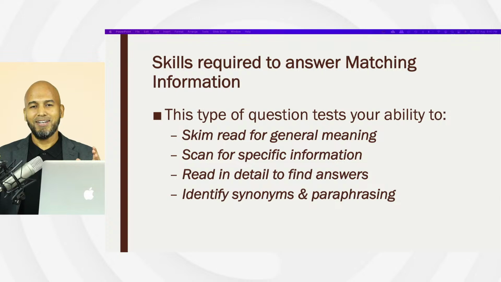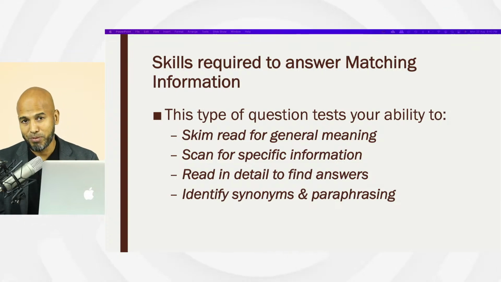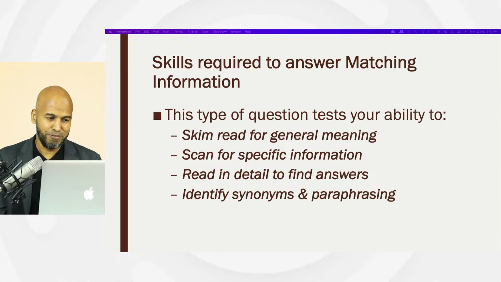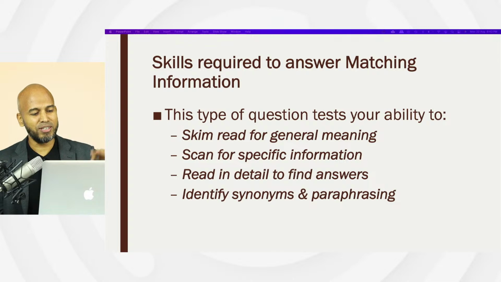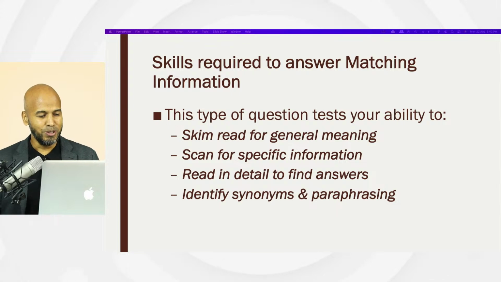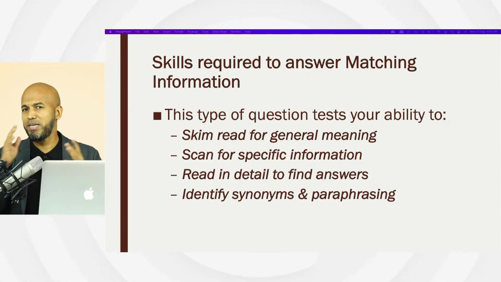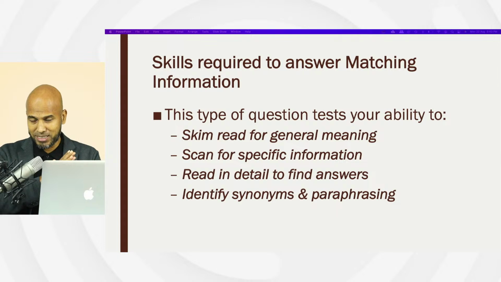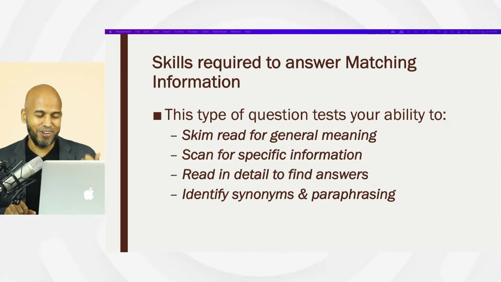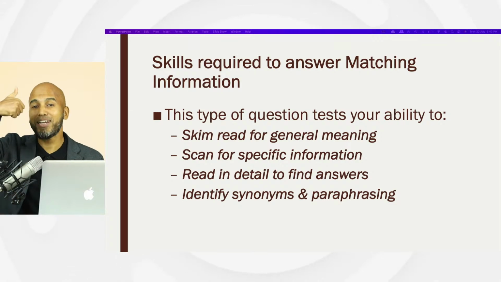So what are the skills that are required for this type of question, matching information? This type of question tests your ability to skim read for general meaning. This is what we did in the beginning. You try to read very quickly and you get your answer. So you did 1 step.